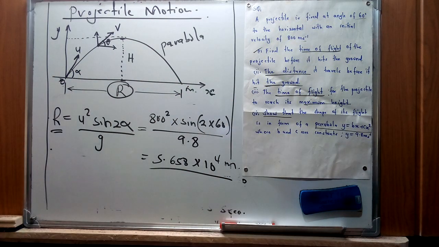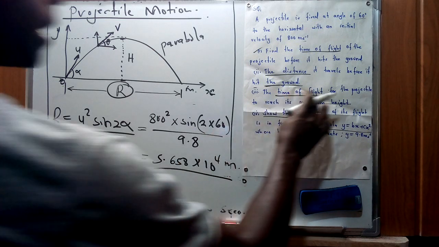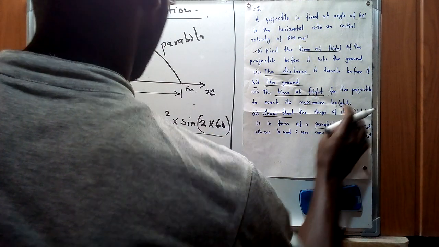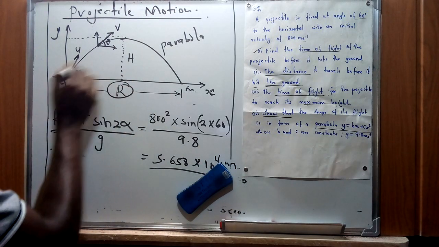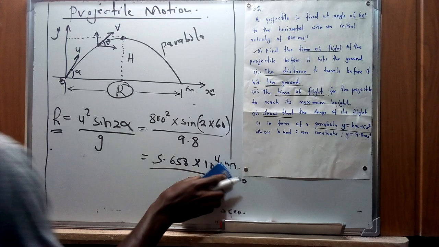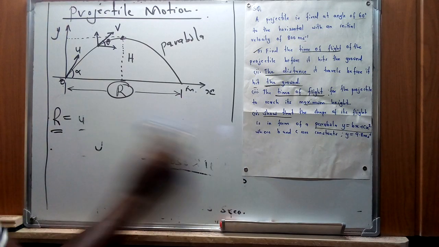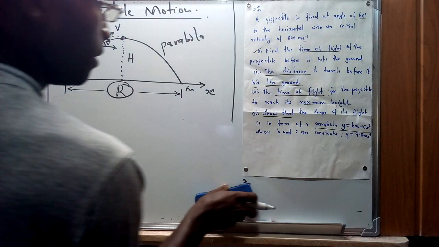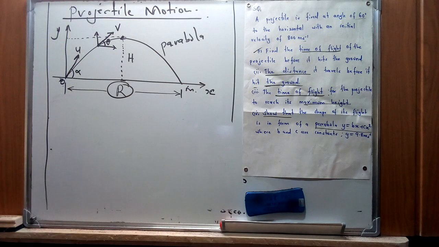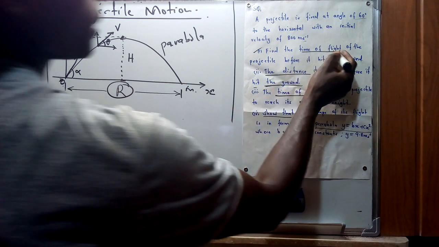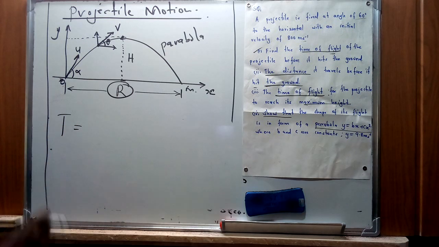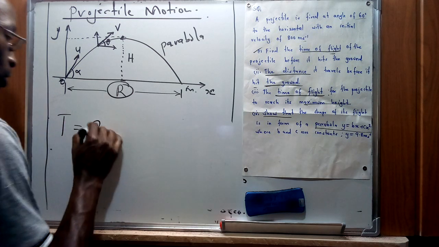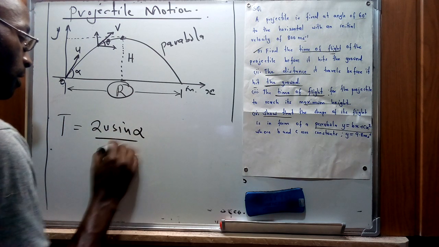And then the time of flight for the projectile to reach the maximum height. So the time it takes for the projectile to move from this particular point to this one, the peak, which is the maximum height, is going to be given as half the time of flight. We say that the time of flight is t, which is 2u sine alpha over g.